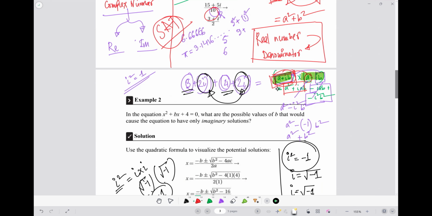So example number 2: in the equation x squared plus bx plus 4 equals 0, what are the possible values of b that would cause the equation to have only imaginary solutions?